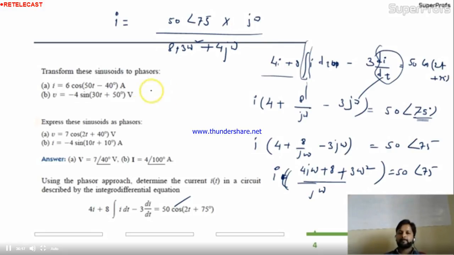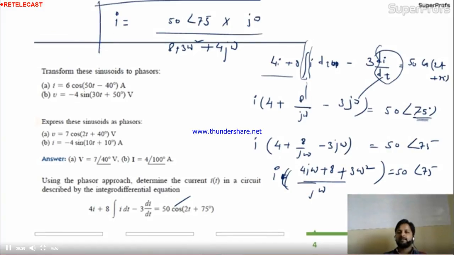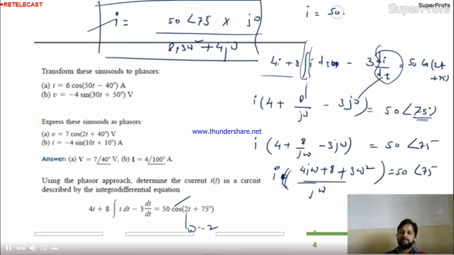Now you can solve this for I. So this is the way in which we will get the value of I. Okay. And one more thing, you can replace this omega actually. Why? Because omega is given over here too. So you can simplify this. I is 50 at an angle 75 into j omega divided by 8 plus this will be 12 plus 8j.